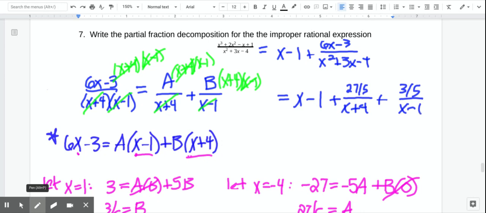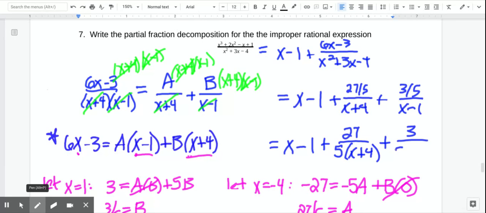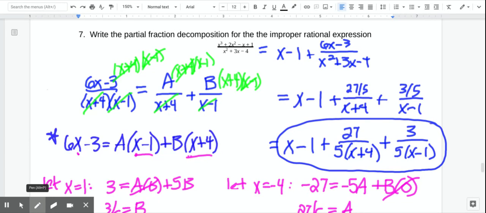And this is an okay way to write this, but the more common way to write it is to take this 27/5 and put the 27 in the numerator and then drop the 5 down into the denominator. So that's how I want you to write that answer. And do the same thing with 3/5. Leave the 3 in the numerator, drop the 5 down into the denominator. And this is your partial fraction decomposition.